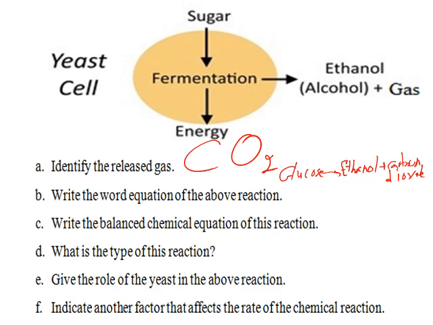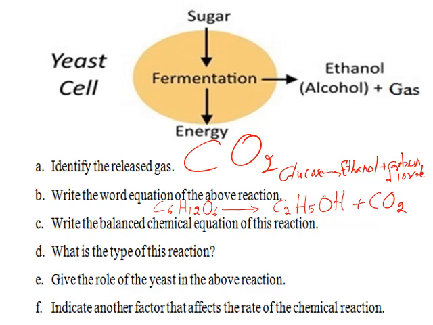First, we have the glucose, which is C6H12O6, gives C2H5OH, ethanol, plus CO2. Let's see how many carbons we have here.